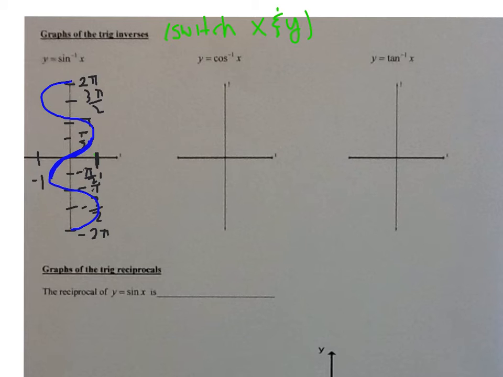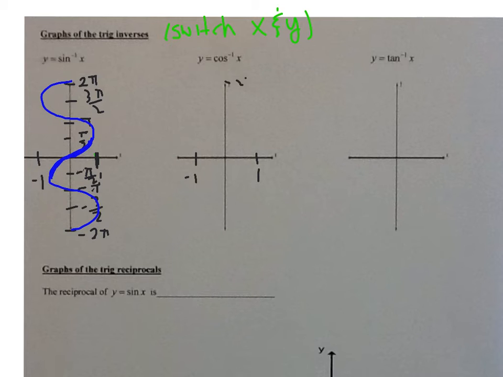Okay, so let's take a look at the inverse of cosine. Same thing, go to y equals, hit second cosine, and hit graph. Let's label our axes, and then we'll talk about the graph. So again, it's a switch of x and y. On my x-axis will be 1 and negative 1.